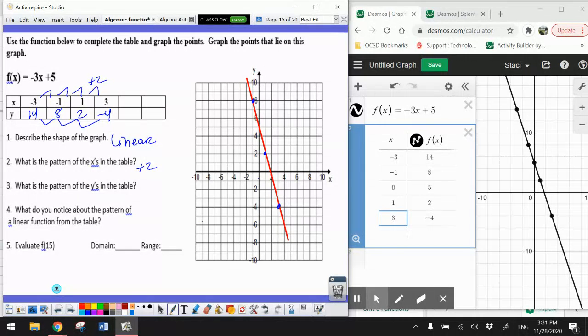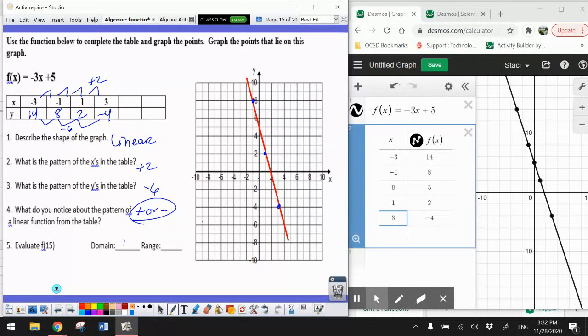How am I going from 14 to 8, 8 to 2, 2 to negative 4? Well, I see that 14 to 8, 8 to 2, that's minus 6. So I am subtracting 6 every single time. And what do you notice about the pattern of a linear function? Well, it's adding or subtracting, which is important because it's linear.